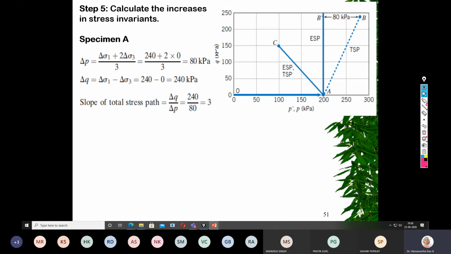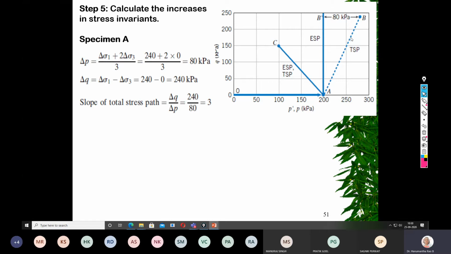So where is this point now? 240 and 80. This is a total stress path. This is how it looks like, 1:3.